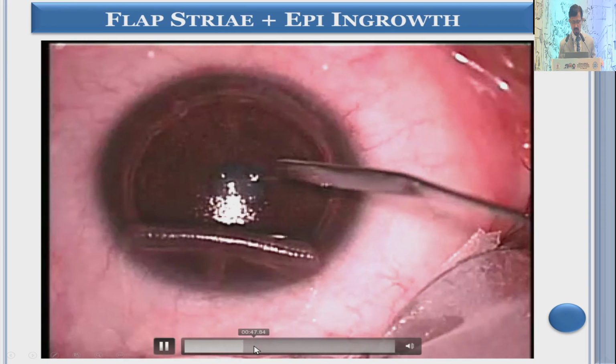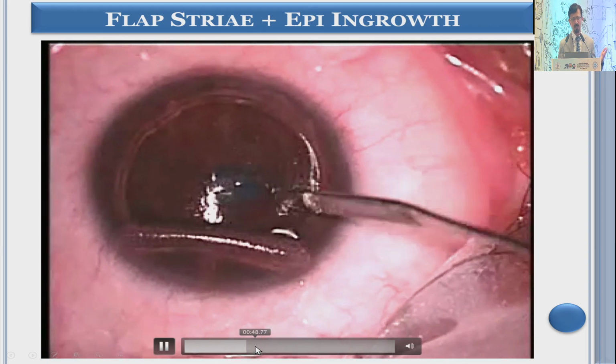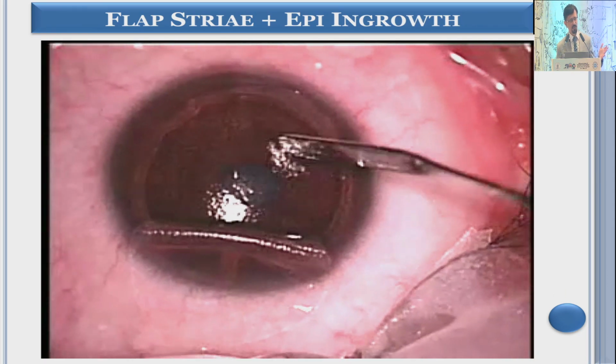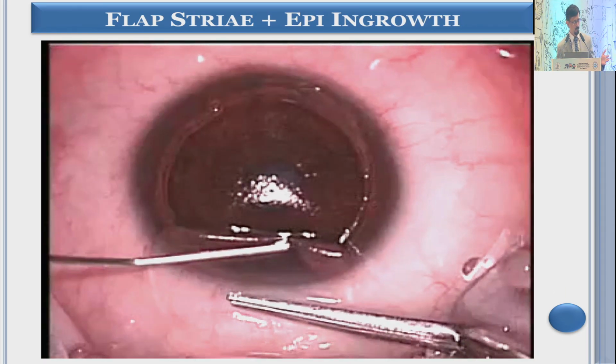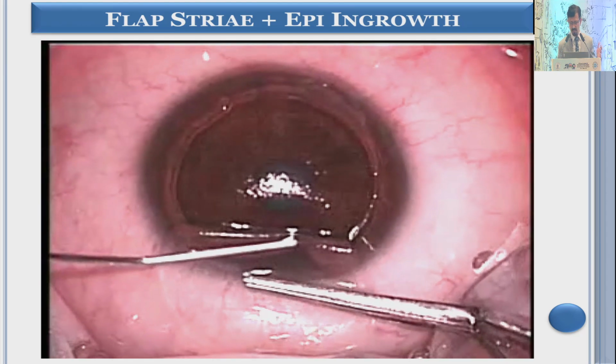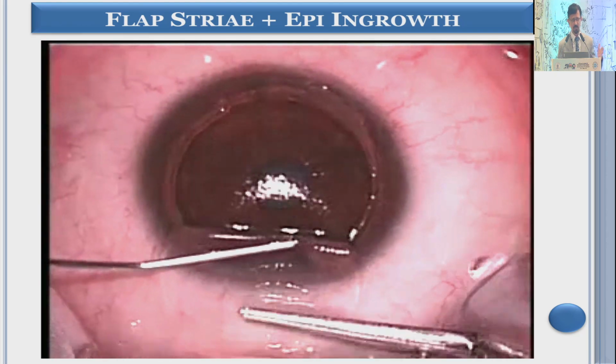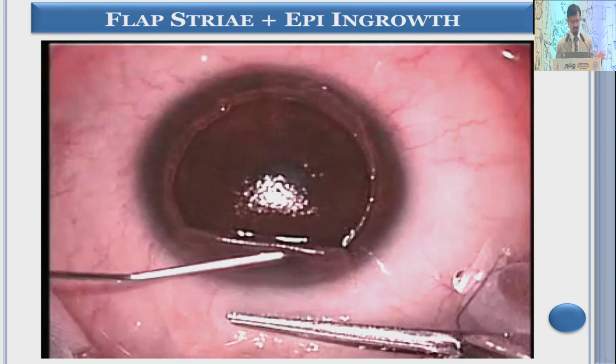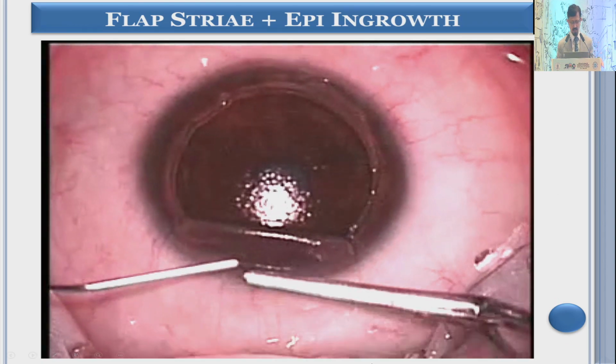And then, of course, one should use mitomycin C in all these cases, because you cannot be 100% sure that all the epithelial cells have been removed. So it is essential that you should use mitomycin C 0.02% for 45 seconds to 1 minute, depending upon your choice.